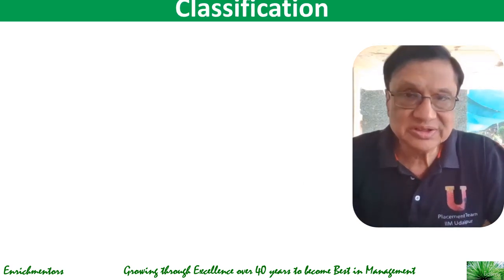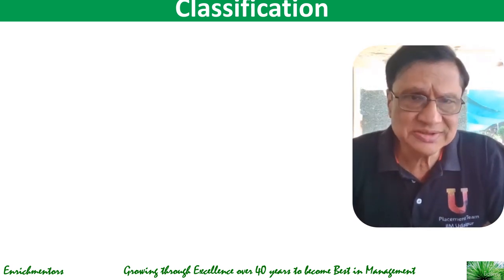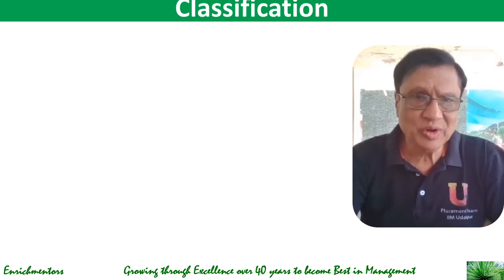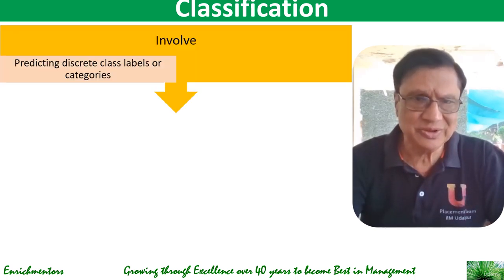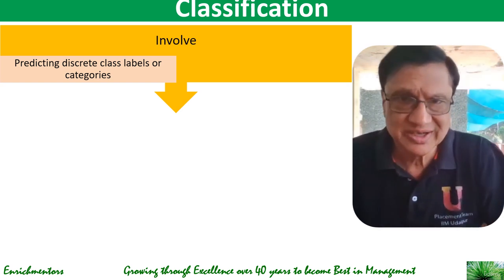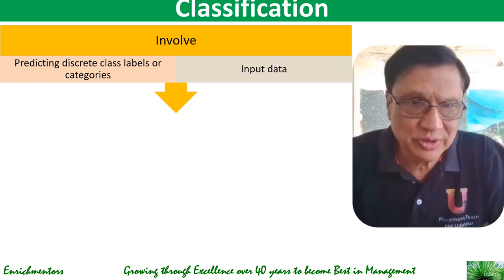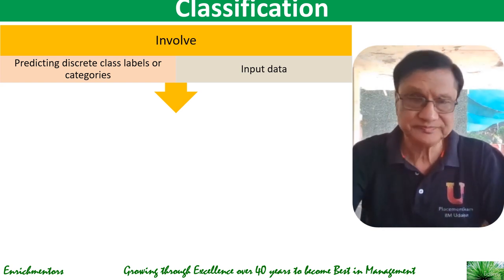So first, we need to understand classification itself. What does the classification task involve? The classification task involves predicting discrete class labels, as we will explain. Discrete means not continuous; they're separate buckets or categories for the input data. So you have input data and you need to predict what class or category they belong to.